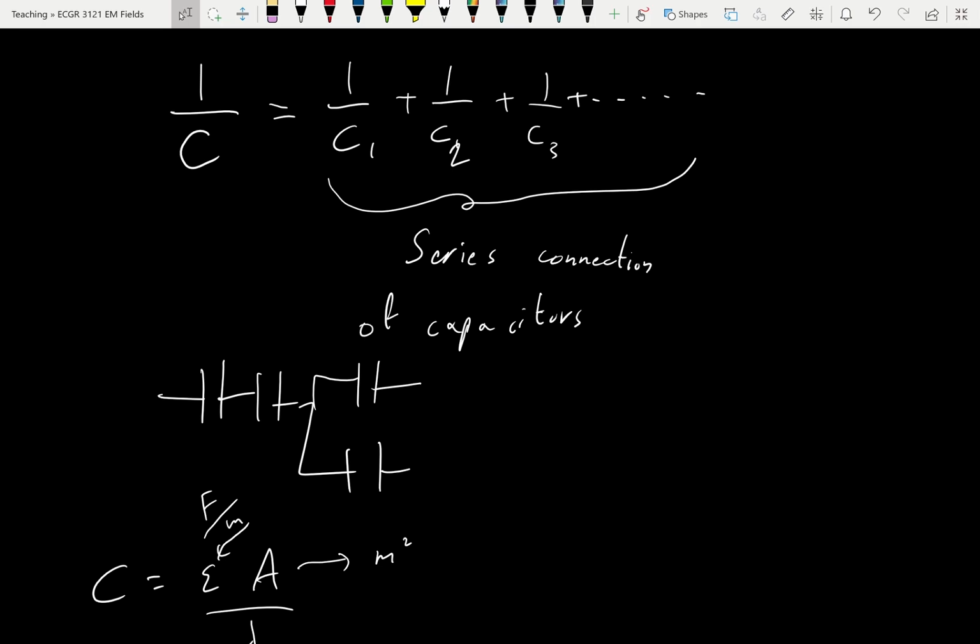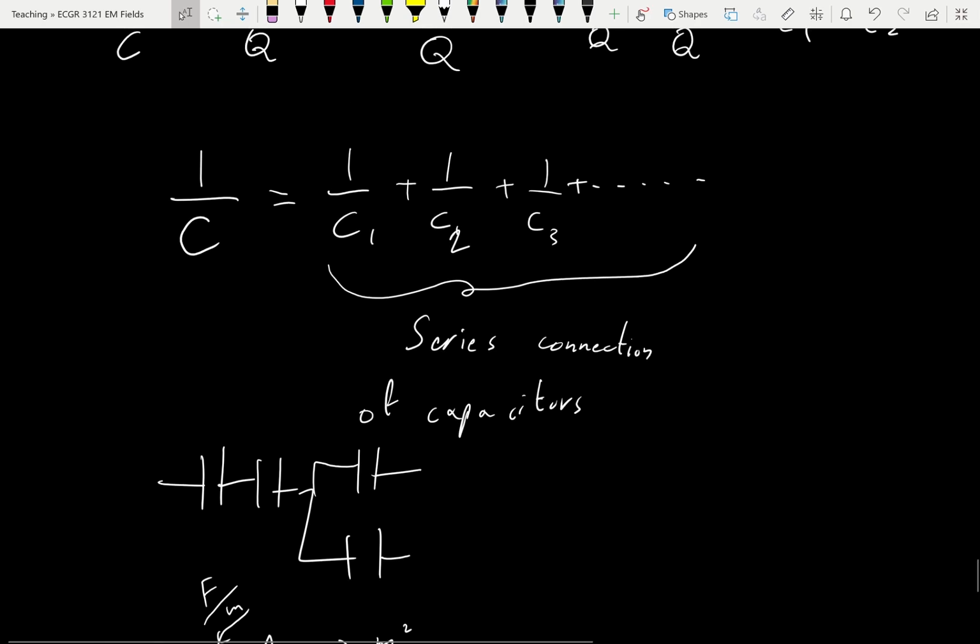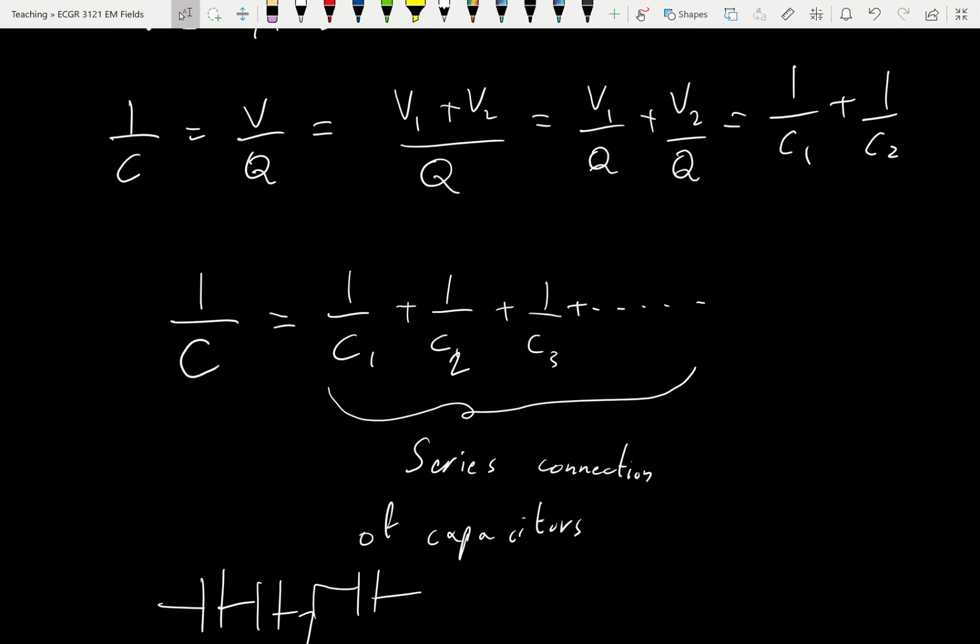Okay, so this is it as far as capacitance is concerned. It is essentially a lumped property of structures, and those structures typically consist of conductors plus the dielectric material that could exist between the conductors.